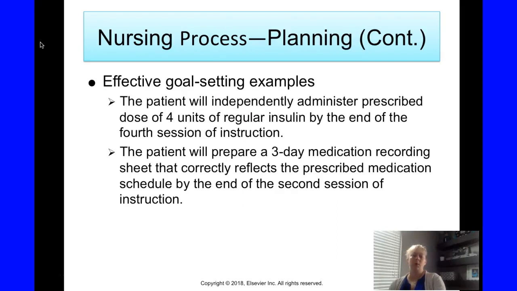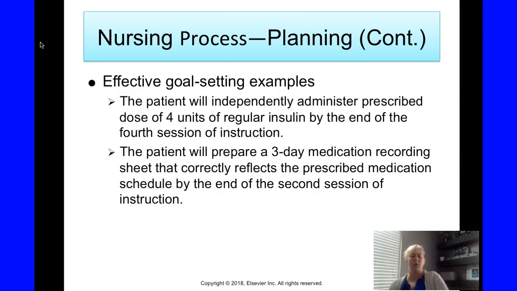So here's another couple examples. The patient will independently administer the prescribed dose, and that's being measurable, 4 units, because you can't just say insulin. You have to say the amount of regular insulin by the end of the 4th session of instruction. So that's being very specific.